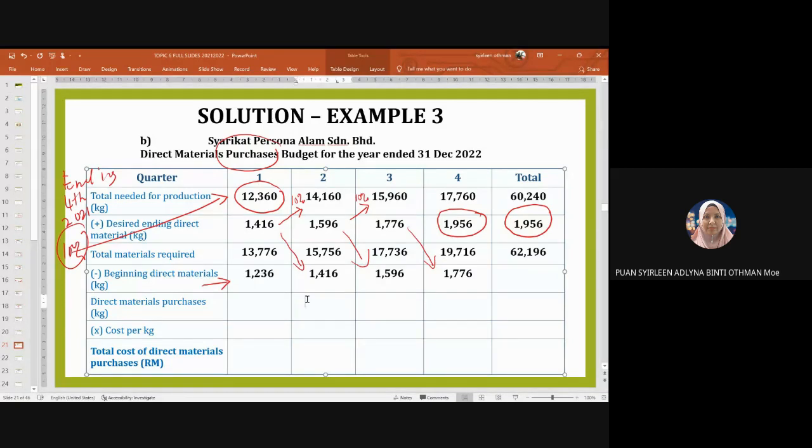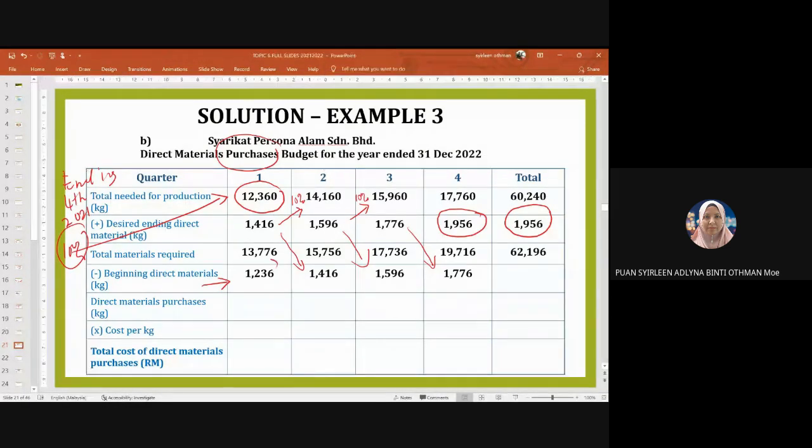Okay, sebab tu saya cakap tadi, easier for you if you fill up, sebelum you fill up benda ni, you ada the first quarter for the next coming round, which is 2023, and then you need to have the final quarter for the previous round, which is quarter 4 2021. Okay, sebab figure tu nanti kita akan tarik. Okay, so now beginning inventory is 1236.